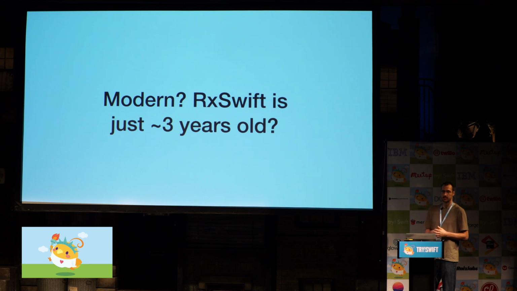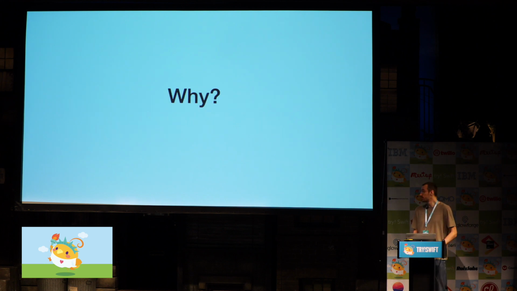There's an assumption that you know at least something about RxSwift, or have some basic information about it or some other reactive libraries. So why did we actually do all of this?